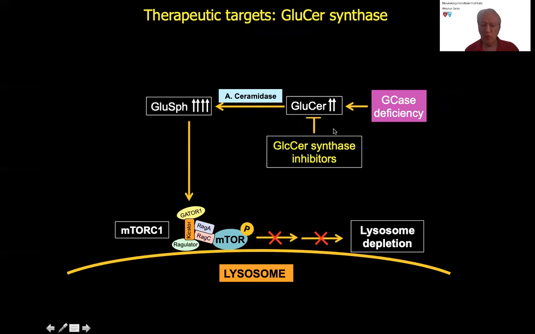I have shown you that if we use glucosylceramide synthase inhibitors, we decrease the levels of both glucosylceramide and glucosylsphingosine, and we see a rescue of the phenotype, but we don't know which one is the offending lipid in these neurons, because blocking glucosylceramide synthase will decrease the levels of both.